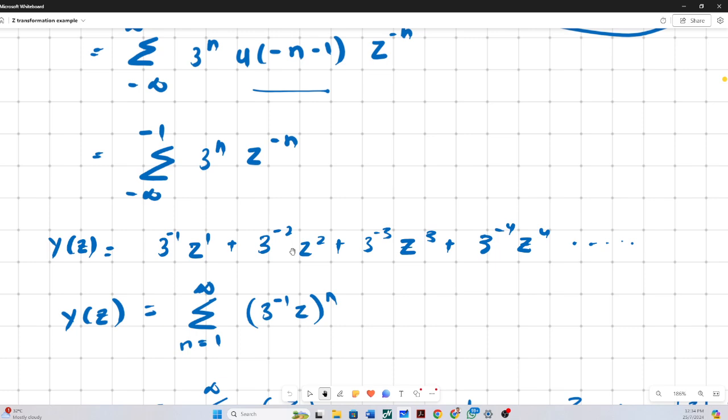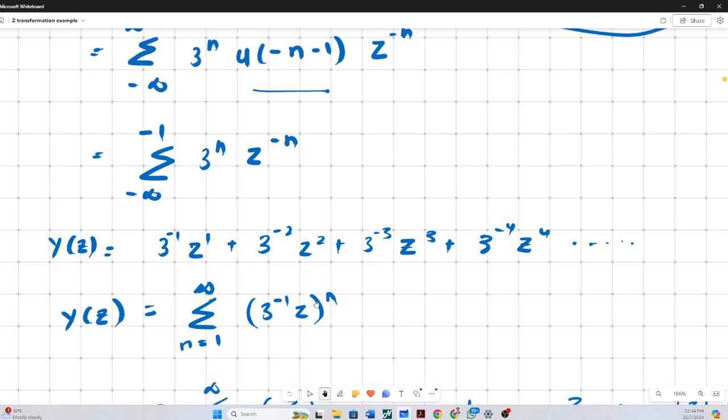To make it easier, we need to change our limit to the positive side, so that's why we readjust this limit from 1 to infinity, right? If we adjust n to minus n, with n equal to 1 until infinity, we can conclude that 3^(-n) z^n.